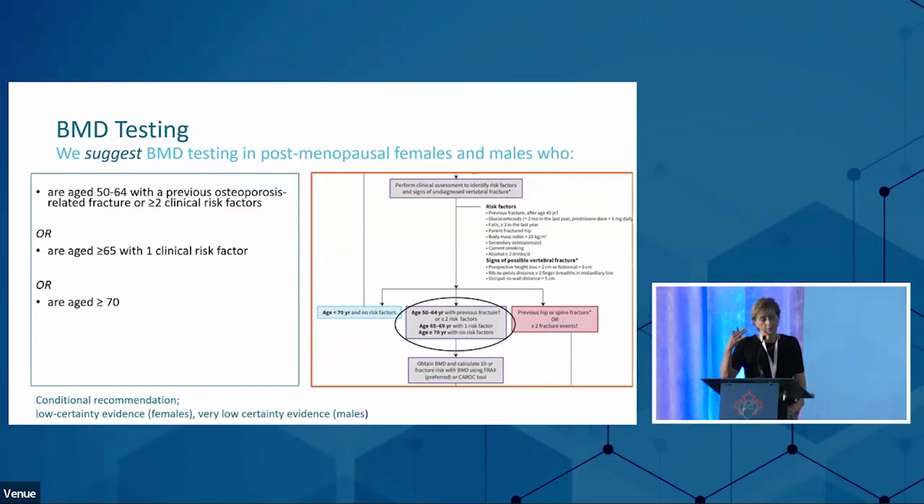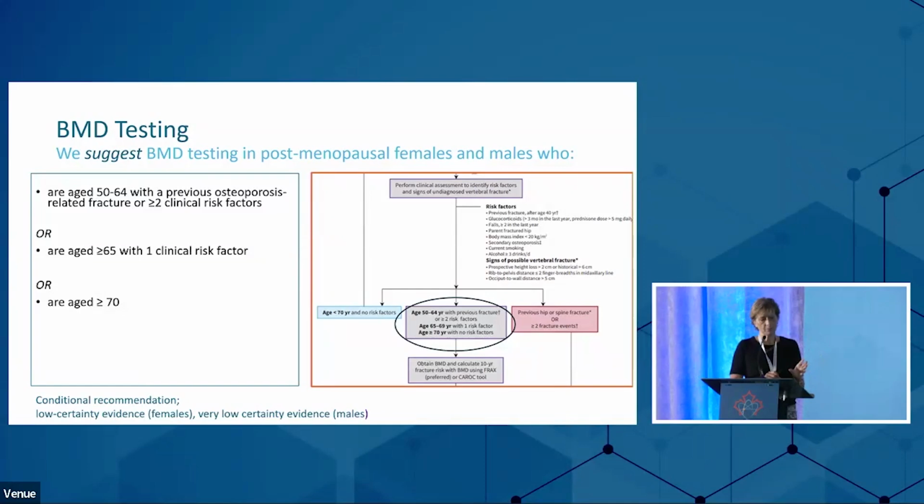Now we recommend that people aged 50 to 64 have a bone density, but we're very prescriptive in that they have to have had either a fracture or two risk factors, whereas previously we said anybody over the age of 50 with clinical risk factors should have a bone density.